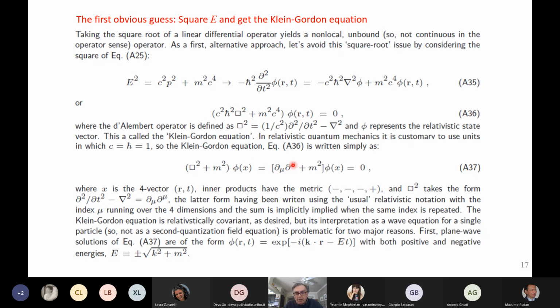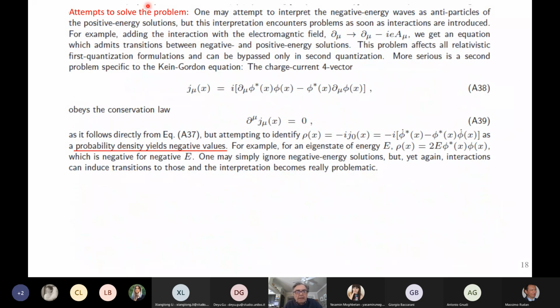There are problems with this equation. If you view it as a wave equation, the same way you view the Schrödinger equation as an equation for a wave function, so now this becomes a relativistic wave function for a particle, you can solve it. You can find that you still have plane waves. Everything is okay. There is one complication, and the complication is its interpretation.